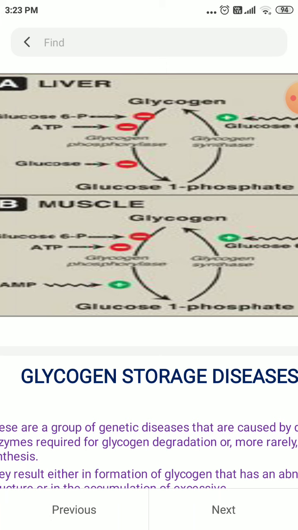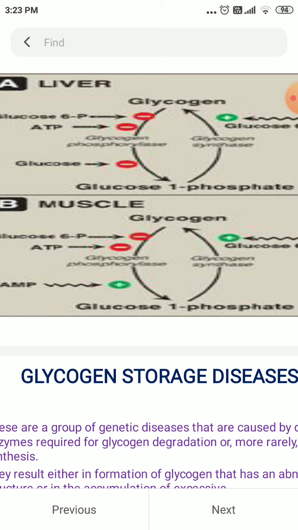The inhibitors, glucose 6 phosphate as well as ATP, act as inhibitors of the enzyme glycogen phosphorylase, and thereby it regulates the breakdown of glycogen, that is glycogen degradation.